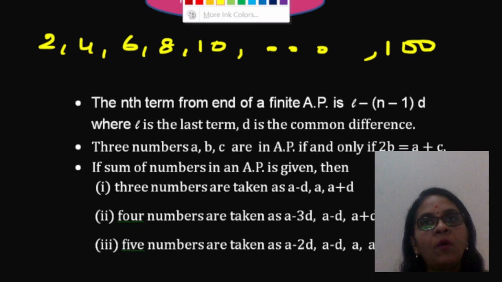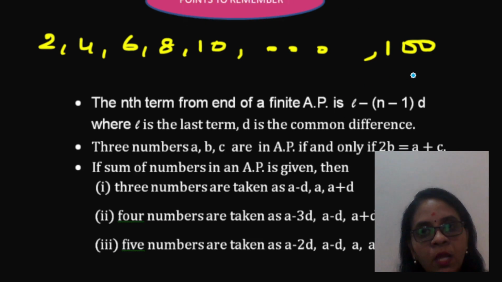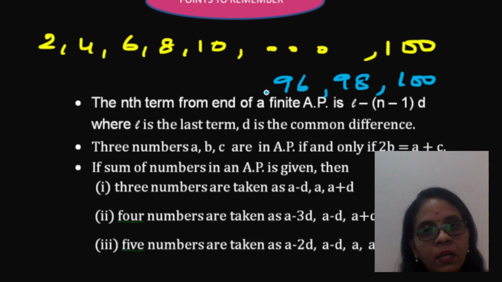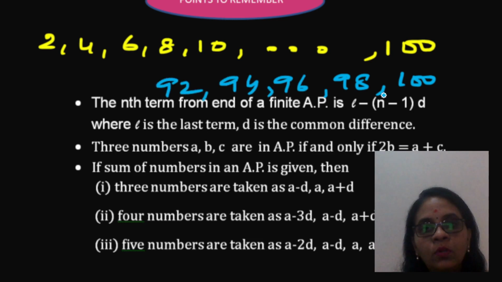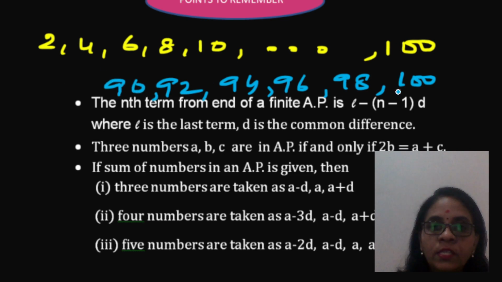If you don't know the formula, what is the general thing that we do? This is 100. So the next term will be 98, then 96, 94, 92, and then 90. So this is what we follow and we say, okay, the fifth term: 1, 2, 3, 4, 5. The fifth term is 92.